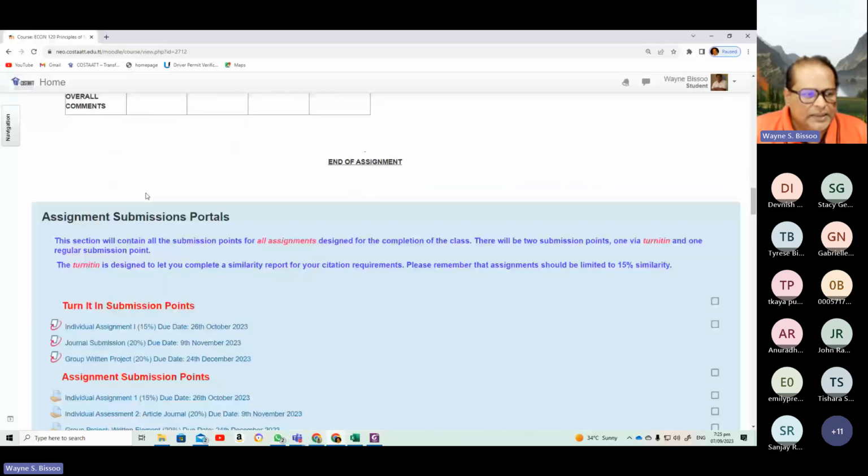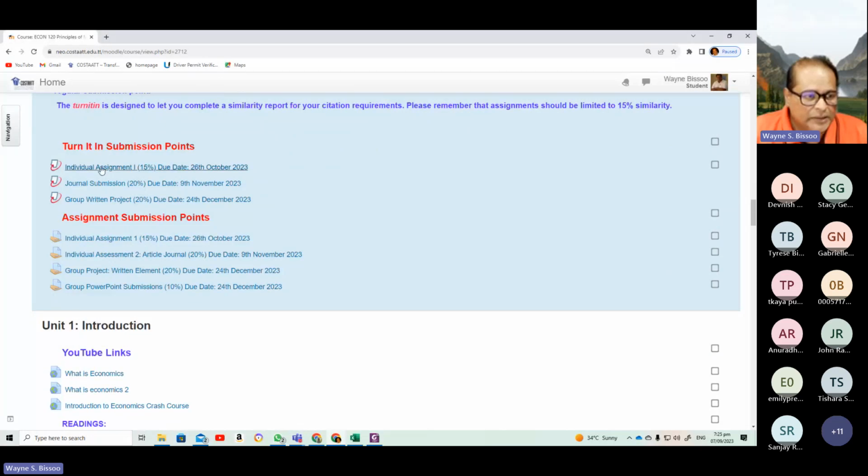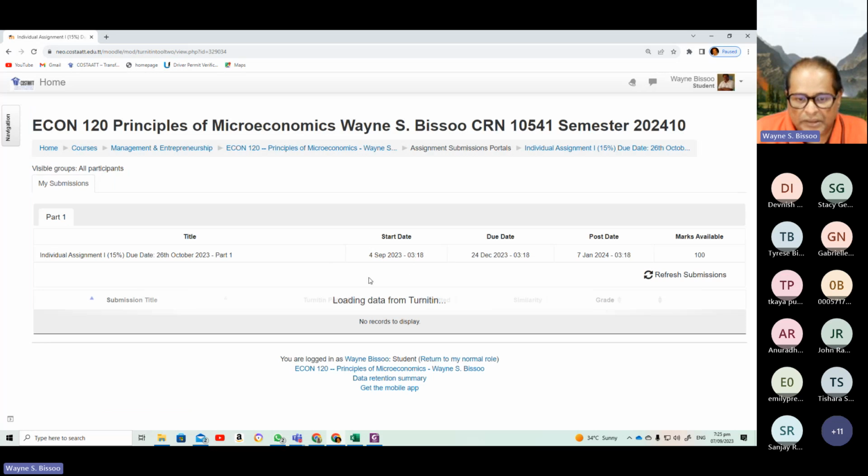Below that are the assignment submission portals. These here are the Turnitin portals. This is where you're going to submit your assignment so you can see what your similarity ratings would be.